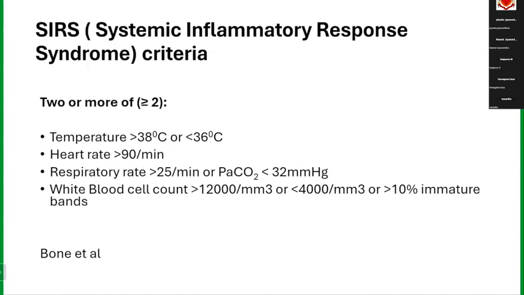If we go one by one, SIRS is systemic inflammatory response syndrome. The criteria are high or low temperature, high heart rate, high respiratory rate, and high or low white cell counts. There are numbers, but if 2 or more of these 4 criteria are positive, we say the patient has systemic inflammatory response syndrome.